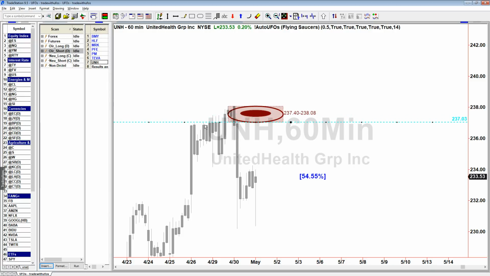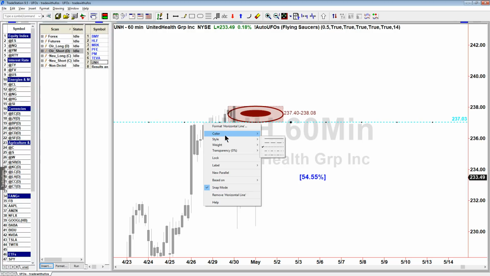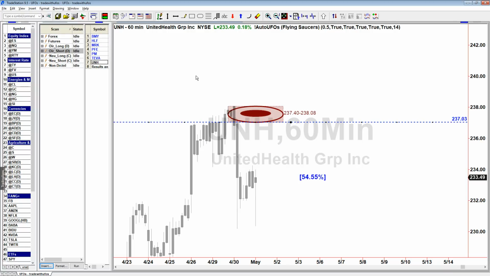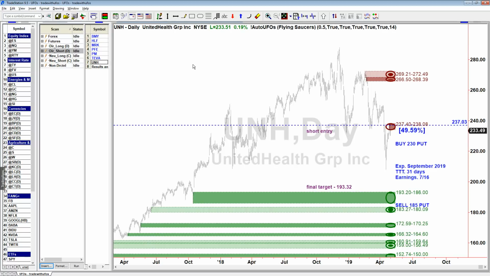So if I was to use my line here in the very, very exact location where the UFO begins, so the perfect entry price for this trade, okay, and let's go back to the daily time frame, would be 237.03, 207.4, something like that. That would be the perfect entry price to buy this bear put spread.